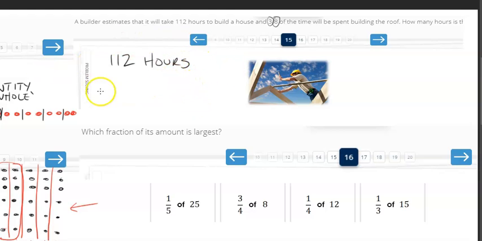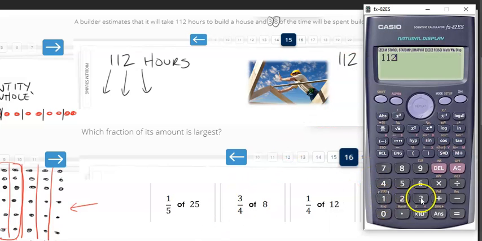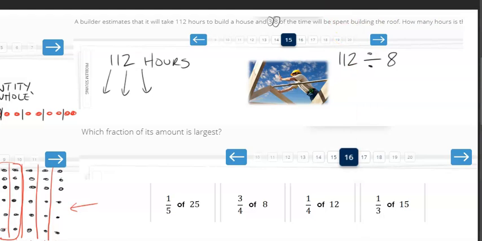So the first thing we want to know is, if we're going to take 8 hours out and another 8 hours out and keep going, how many times is this? Well, we just have to find out how many times 8 goes into 112. So 112 divided by 8 is 14.